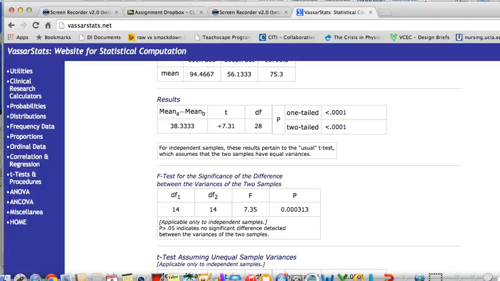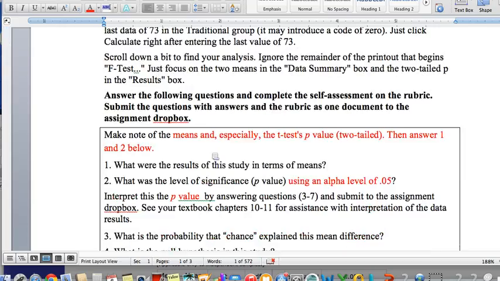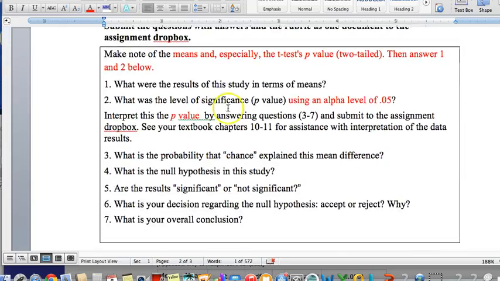Okay, let's look back at your questions for just a minute. So you could easily answer what were the results of the study in terms of means. What was the level of significance? It was 0.0001 using an alpha level of 0.05. So was it significant? It says interpret this p-value by answering questions 3 through 7.